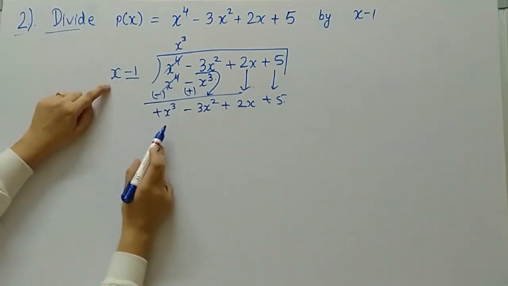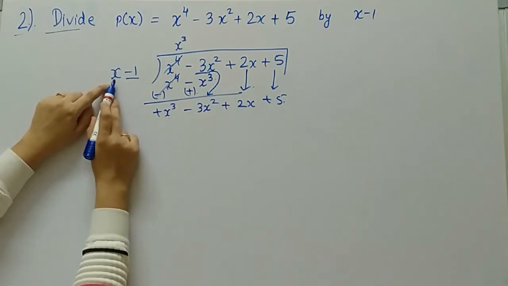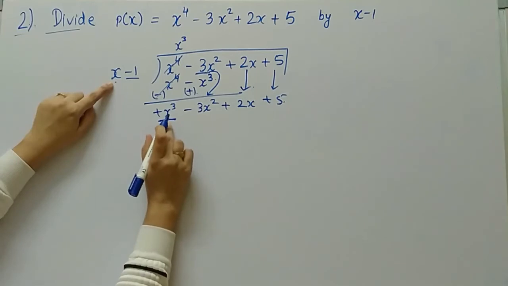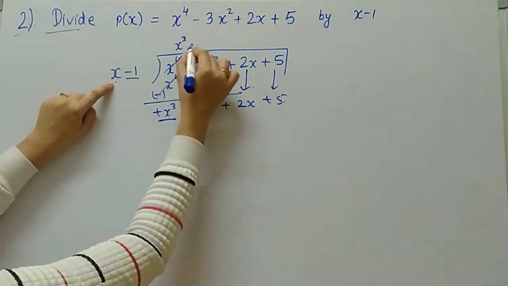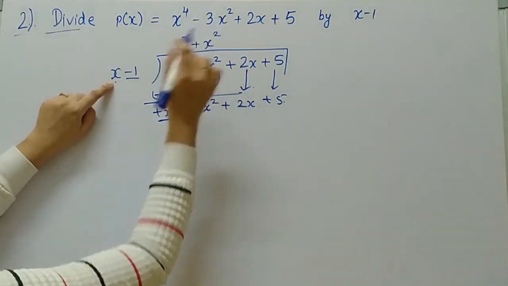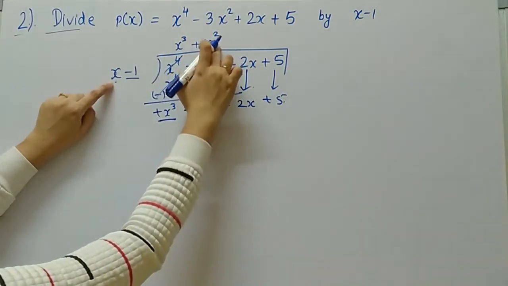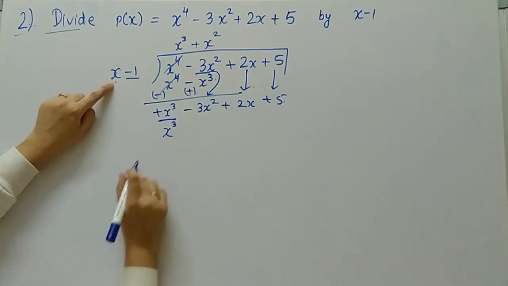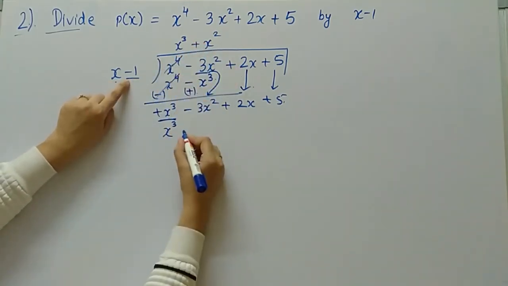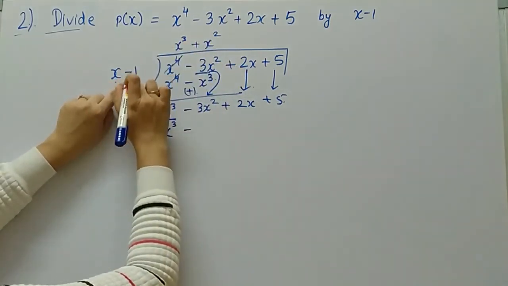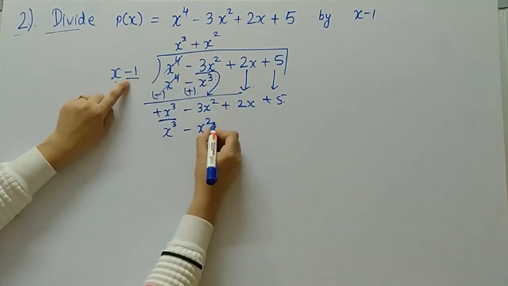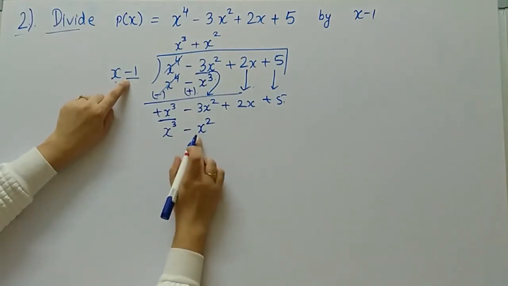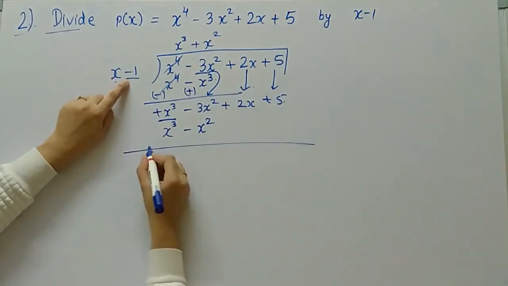Now we have to think what should be multiplied with x so that we get x cube. So clearly x square. So x multiplied by x square is x cube. So we will get x cube minus x square. When minus 1 is multiplied with x square, we get minus x square.